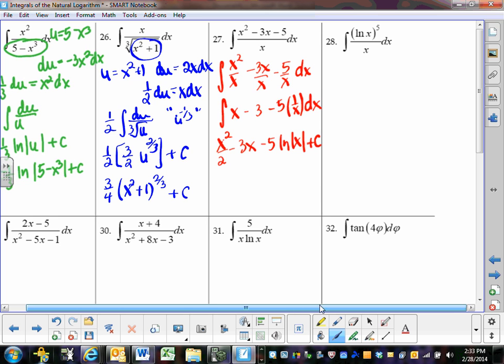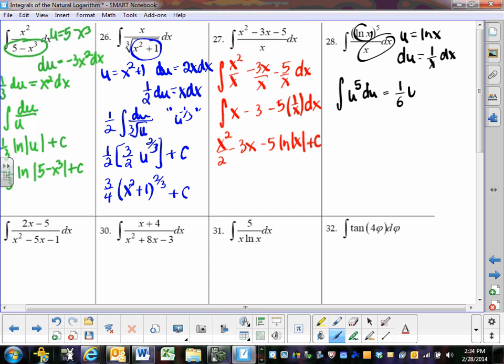For the next one, we have a power on the bottom that's a root. That is impossible for that to be a logarithm. Okay, so we're going to have this as u equals x squared plus 1, du equals 2x dx. So 1/2 du is x dx. So I have a half of du on the top and the cube root of u on the bottom.